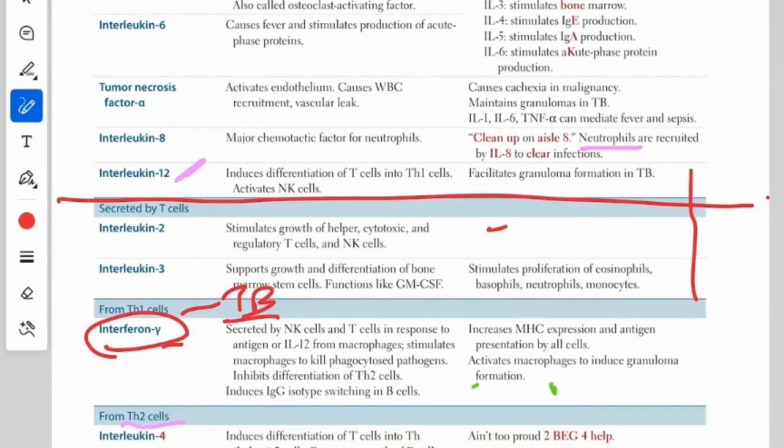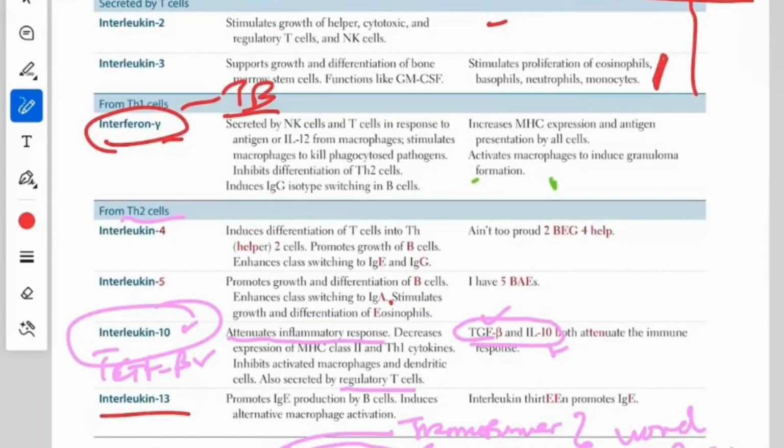Then the ones produced by the different types of activated CD4 T cells: Th1 produces interferon gamma, its most important source. Interferon gamma and interleukin 12 deal with TB.